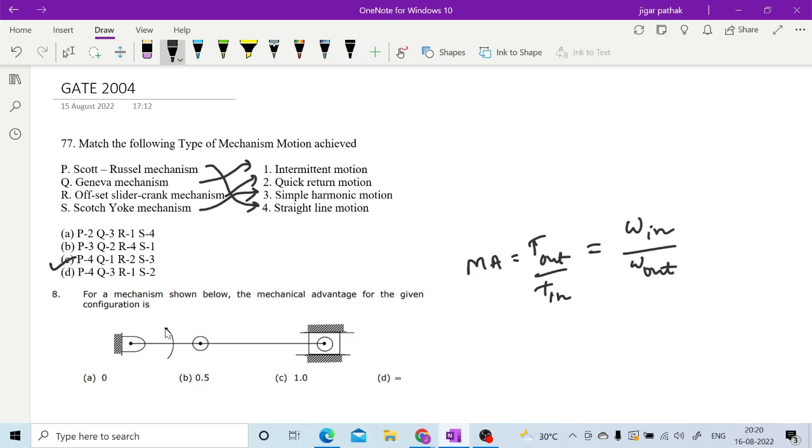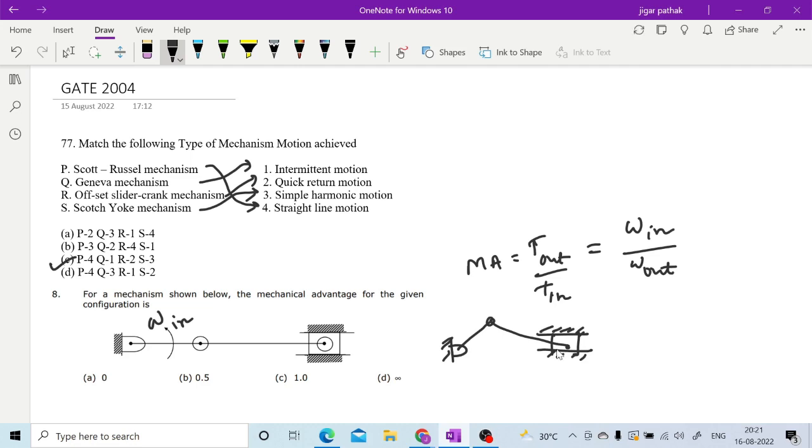This will be omega input, because here you are having this kind of mechanism, like this and this, and here you are having this slider.